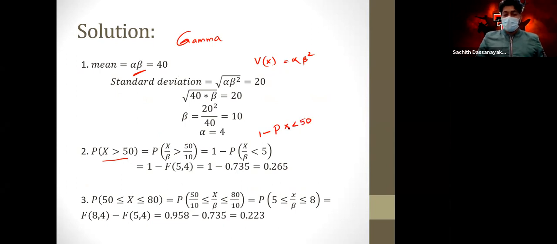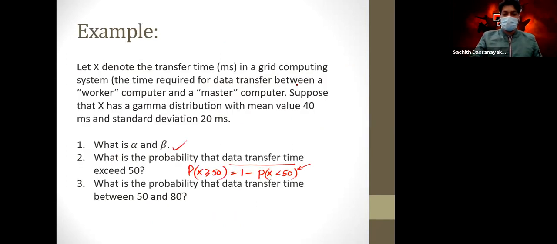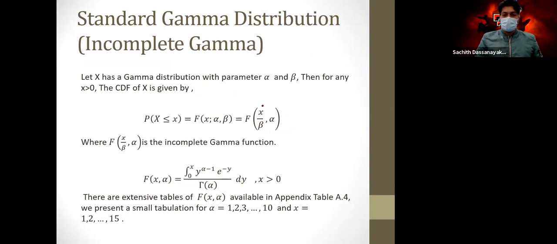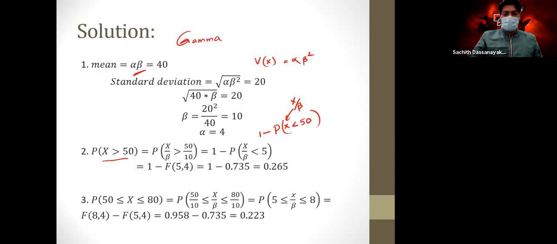I told you we cannot use x, we use x over beta. See here, this is our CDF, x over beta comma alpha. So what you have to do is divide both sides by beta inside the bracket.